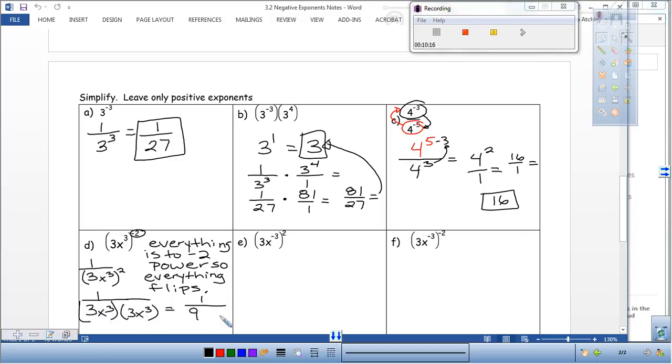X cubed and x cubed is x to the 6th. Any questions over that? All good?